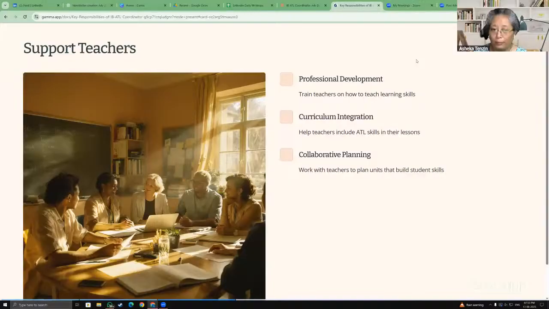So collaborative planning is another thing that you need to do in order to support your teachers. So this is about how you are going to support teachers by professionally developing them, teaching them how to teach skills, helping them to integrate ATL skills in their lessons, and helping them to plan their units, which will help build the skills in your students.